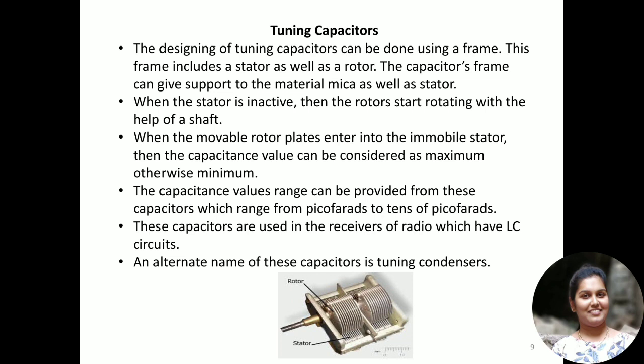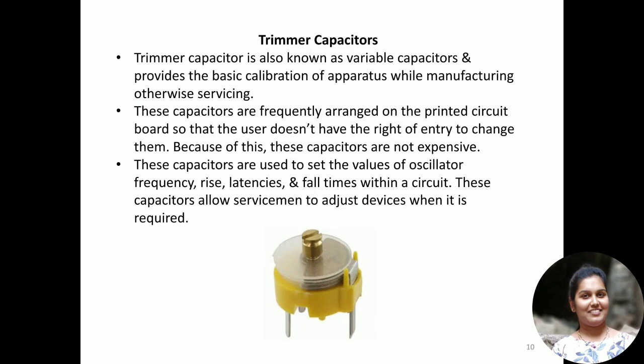Tuning capacitors have another name called tuning condensers. In general, the other name for a capacitor is condenser. Sometimes we call a capacitor by the name condenser. So tuning capacitors are sometimes called tuning condensers. Got the point? Right, next we'll see the other kind of capacitor, trimmer capacitors.